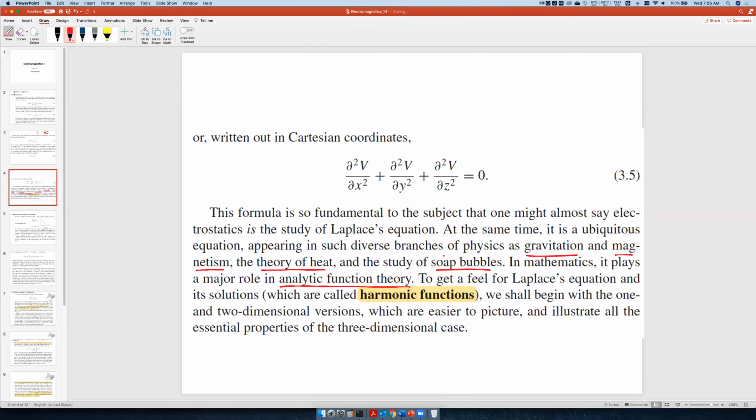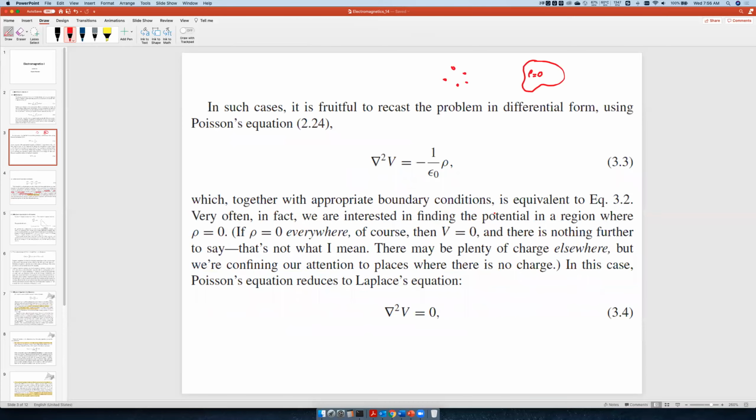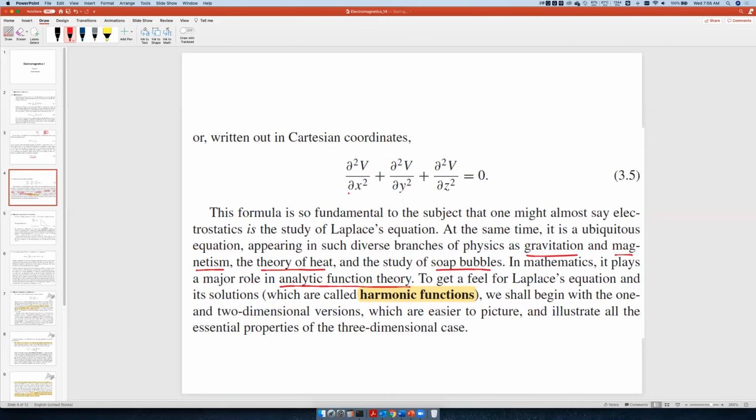So in a word, Laplace equation, no matter in this form or in this form, it's important to learn, and we need to be familiar with such equations, and we need to know some features of such equations.